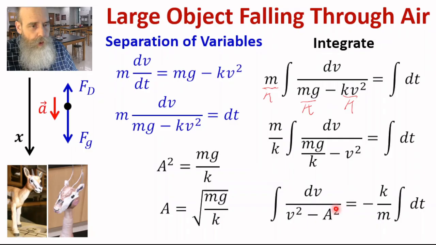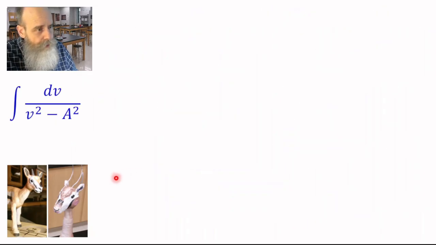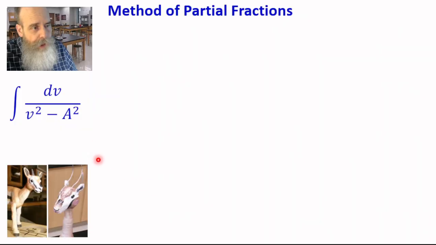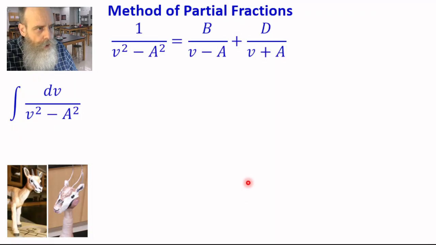So as I said, we could use trigonometric substitution to solve this integral. Or we could use the method of partial fractions. Both ways work. Today I will show the method of partial fractions since I think it's more straightforward. So we can write this. 1 over v squared minus a squared equals b over v minus a plus d over v plus a. b and d are constants which we need to find.